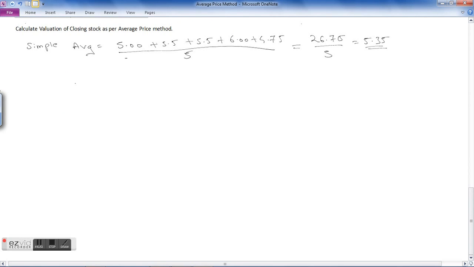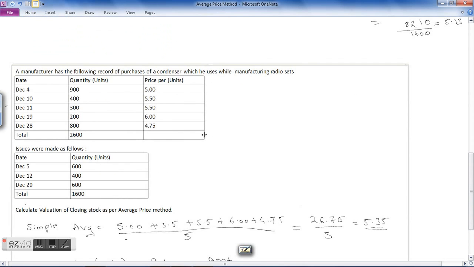So how do we calculate the weighted average? Quantity units, then rate, amount. Okay, now we have the quantity, rate and amount here.